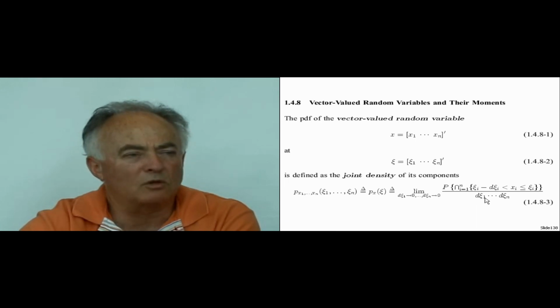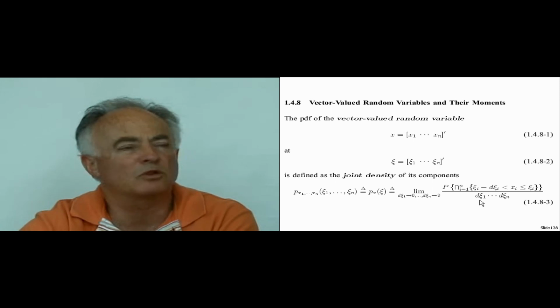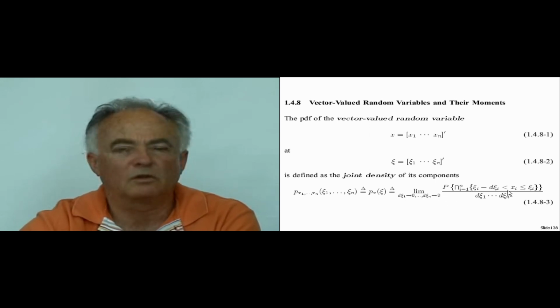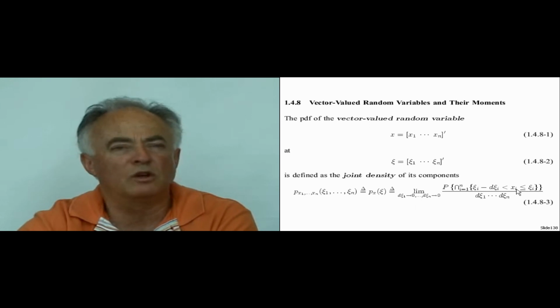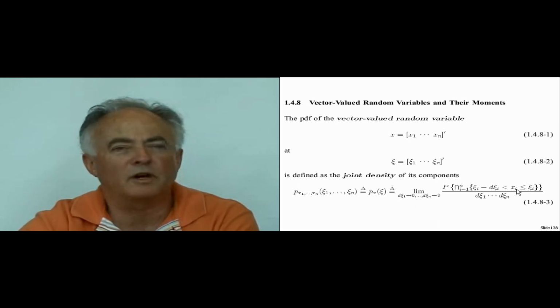This is the element of volume or hypervolume in the n-dimensional space, and at the limit, as this volume goes to 0, we have the probability that this vector takes value in a small hyperparallelepiped divided by the volume of this parallelepiped.